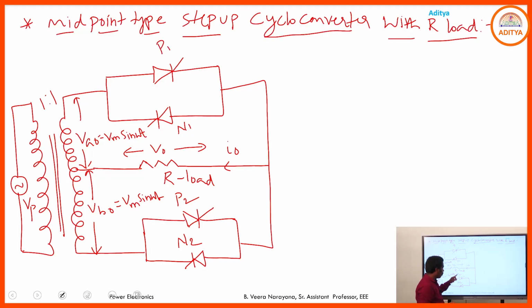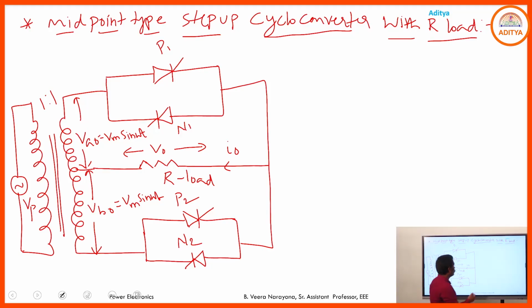Out of these 4, P1 and P2 are the positive group SCRs, N1 and N2 are the negative group SCRs.